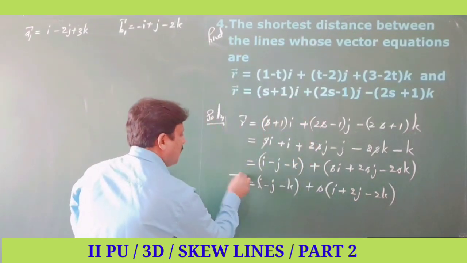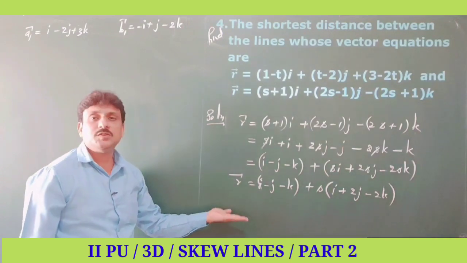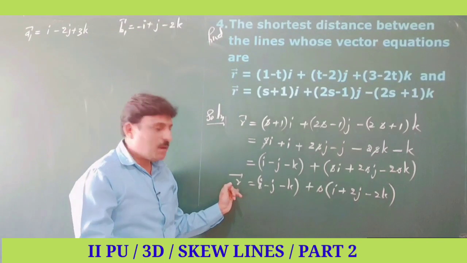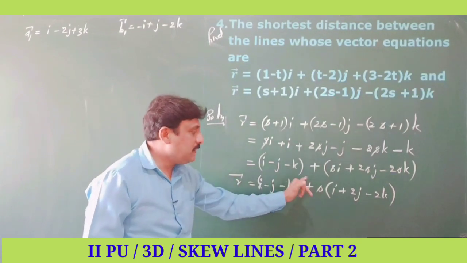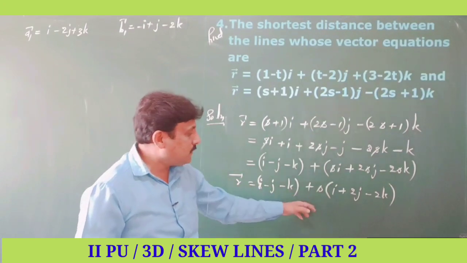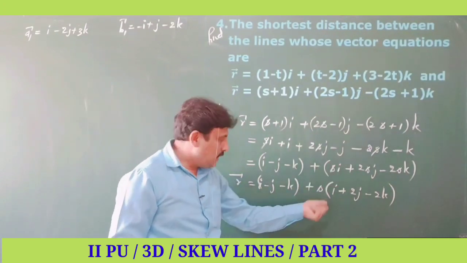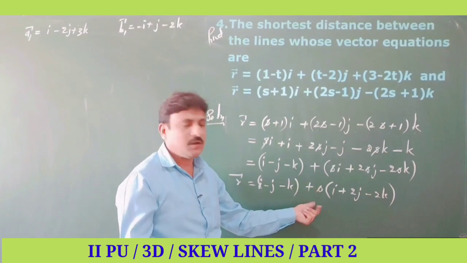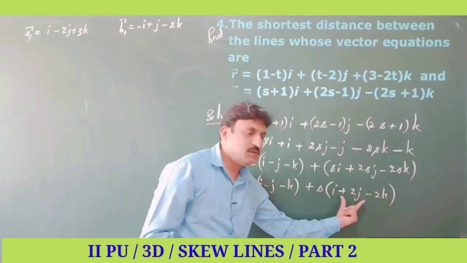This is r, the second equation in standard form, of the form r equals a plus lambda b. Second equation: r equals a2 plus mu b2. Here instead of mu there is s, some constant. So this is a2, this is b2.